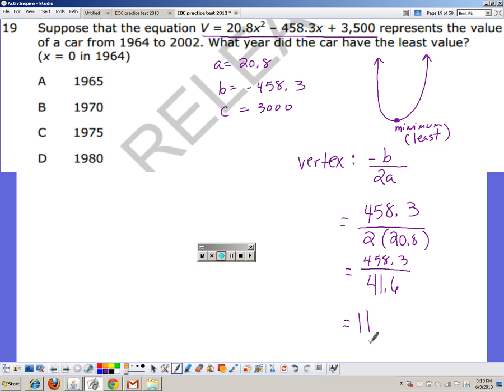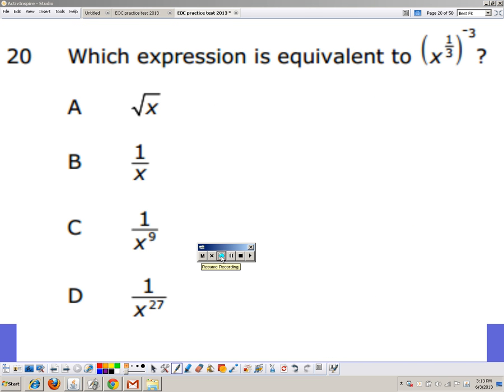That gives us 11. So that means it's been 11 years since 1964. So we're going to do 1964 plus 11. And that gives us 1975. This is C.